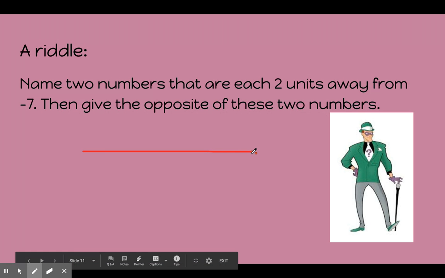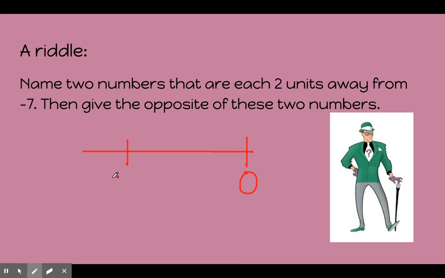If I'm on a number line and here's 0, and let's say that -7 is down here, 2 units away from -7 towards 0 would be -5, right? -6 is here in the middle. 2 units.